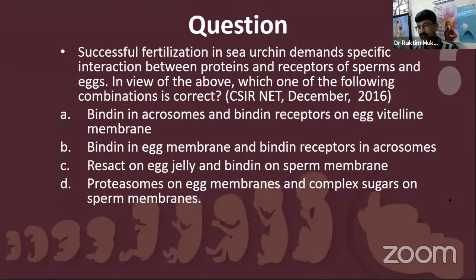In view of the above, which one of the following combinations is correct? From CSIR-NET December 2016: option A, bindin in acrosomes and bindin receptors on egg vitelline membrane. Option B, bindin in egg membrane and bindin receptors in acrosomes. Option C, resact on egg jelly and bindin on sperm membrane. Option D, proteasomes on egg membrane and complex sugar on sperm membrane.